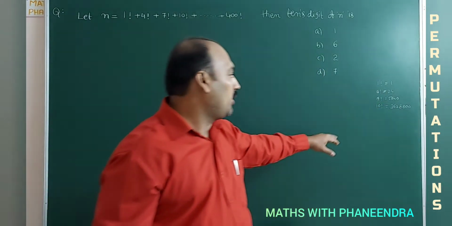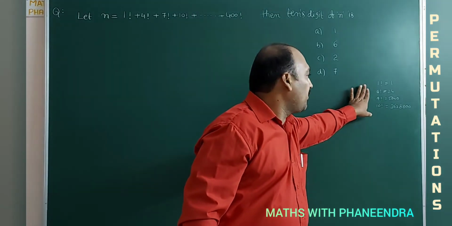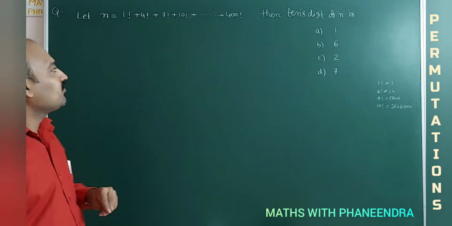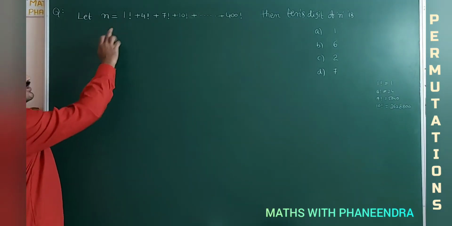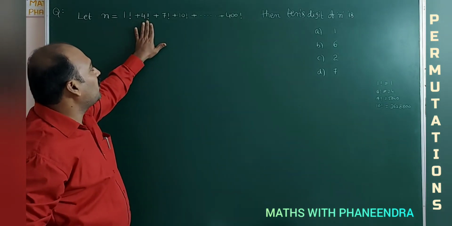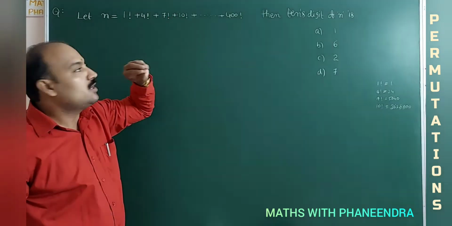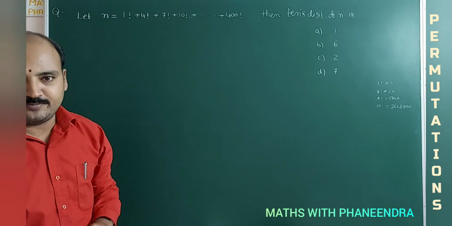I already wrote this. So the values, once again I will write it: 1 factorial, 4 factorial, 7 factorial, 10 factorial, all the values.